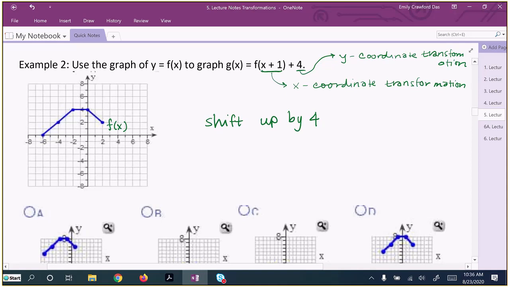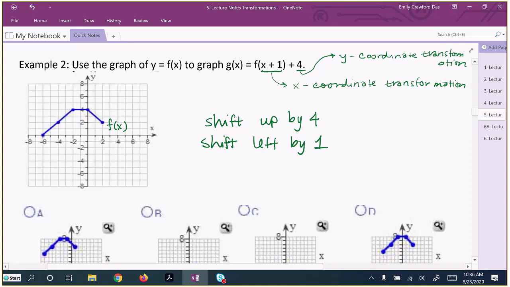And the x coordinate transformation is a little bit counterintuitive. So if it's plus 1, that means I actually want to move in the negative direction, which is left, by 1. So I can recognize that I want to take each point and I want to shift it left by 1 and up by 4.